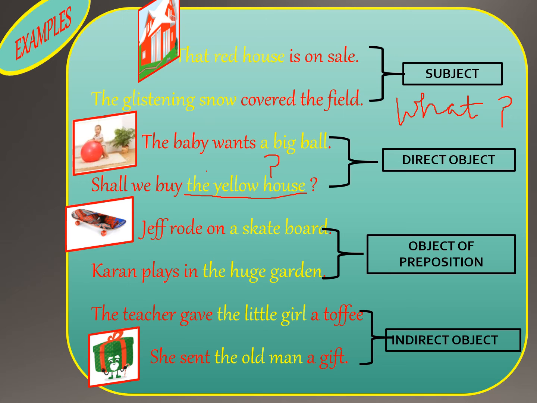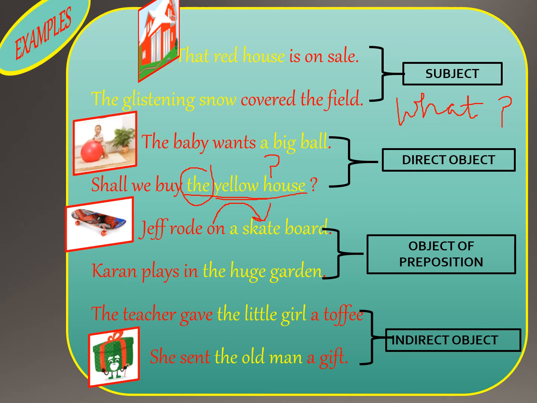We have two modifiers here. The is an article and yellow is an adjective. Right? The next, Jeff rode on a skateboard. Jeff rode on what? Since it is answering that, it is acting as an object of the preposition on. It is acting as object of preposition.